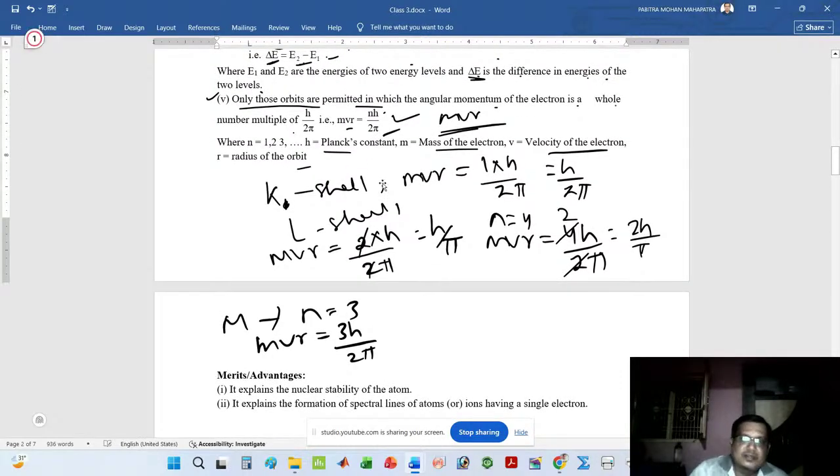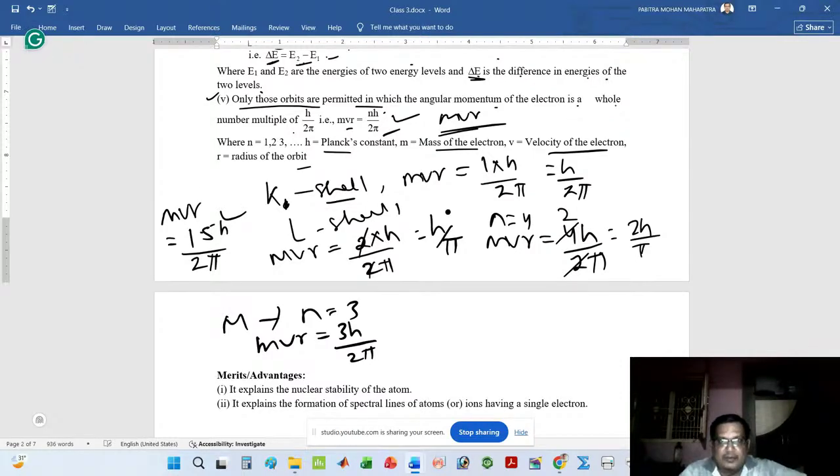Suppose I want to think about an angular momentum mvr equal to 1.5 h by 2 pi. Suppose this is an angular momentum. Look at that. For the K shell, the angular momentum is h by 2 pi.